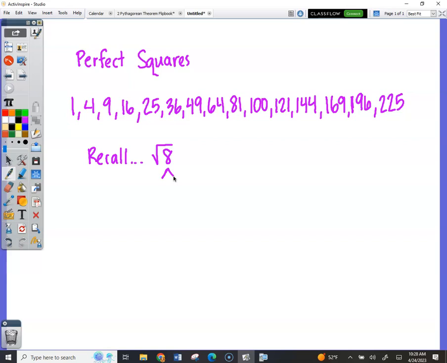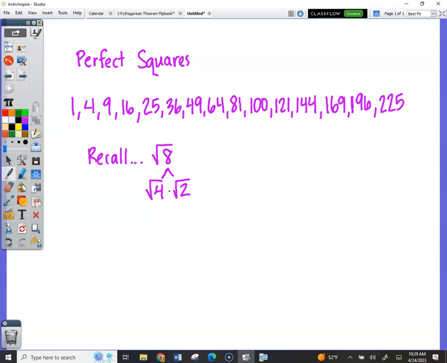One of your numbers comes from this list. Every time. What number from that list will go into 8? 4 goes. You want to write it first. So this becomes the square root of 4 times the square root of 2, because 4 times 2 is 8.